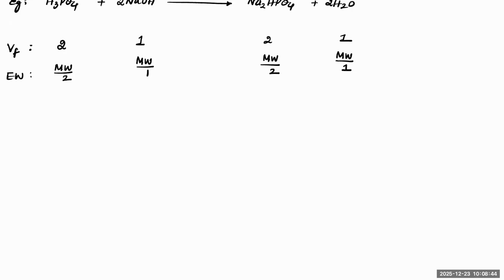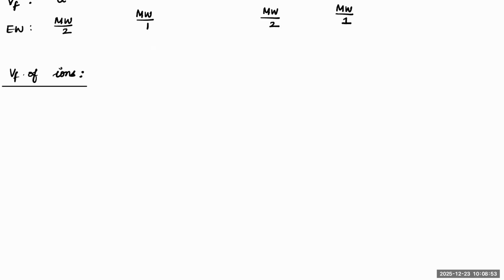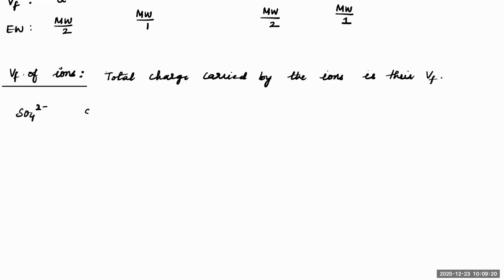Now, how do we figure out the valency factor of ions if only ions are given? In the case of ions, you only check the total charge carried by the ions. Total charge carried by the ions is their valency factor. For example, sulfate SO4 2 minus, SO3 2 minus, S 2 minus.